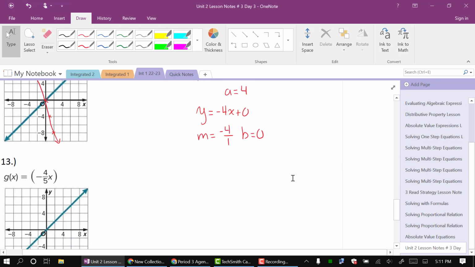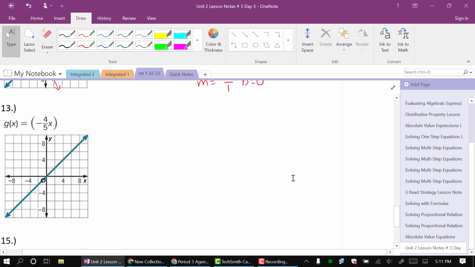Let's take a look at number 13. Our parent function for all these is in the form of f of x equals x. We don't have to graph it out because it's already graphed out for us, but we do need this to compare what our new function is.